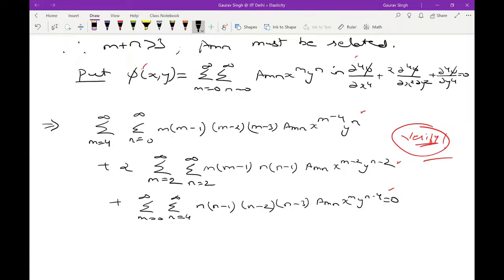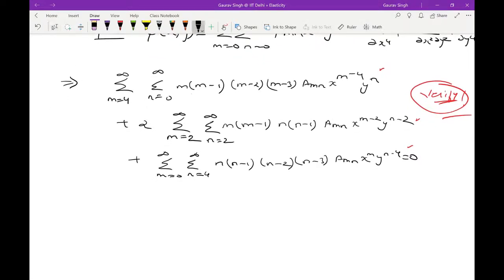Now what we want to do is you collect the powers of x and y together. Meaning put m equal to 2 and n equal to 2.